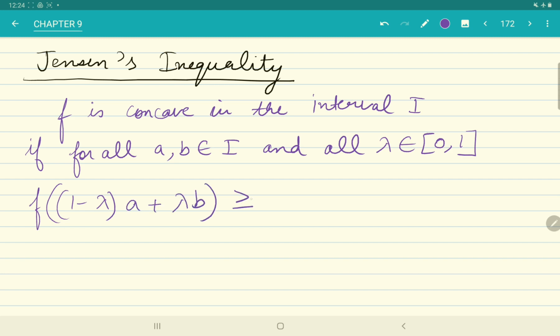This has to be greater than or equal to (1 minus lambda) f of a plus lambda f of b.